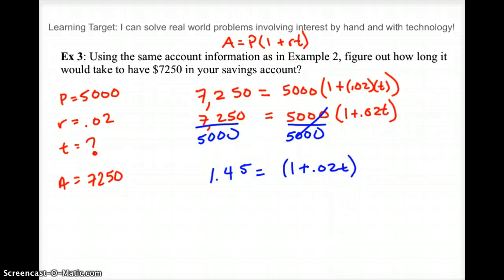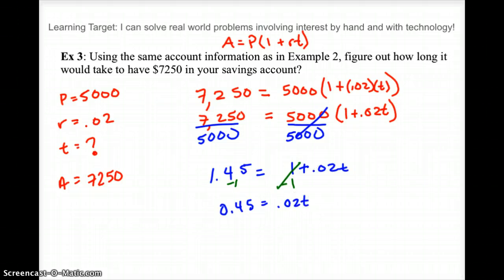Now, in all honesty, I really don't need the parentheses anymore, so I could just get rid of them. Okay, and I want to think about how can I get t by itself? Well, I would subtract 1 first if it were me. And so then I'd be left with 0.45 equals 0.02t.